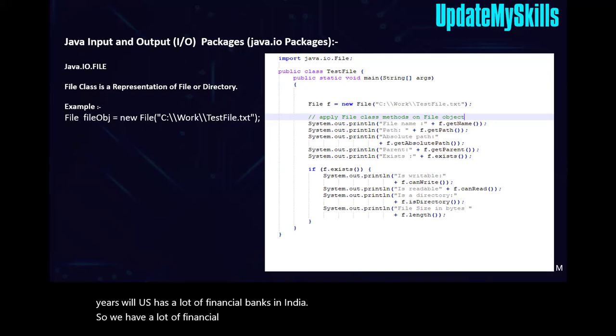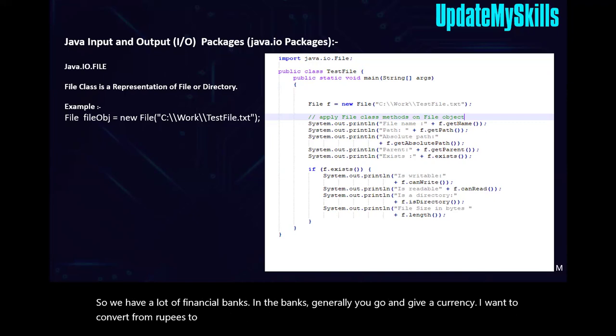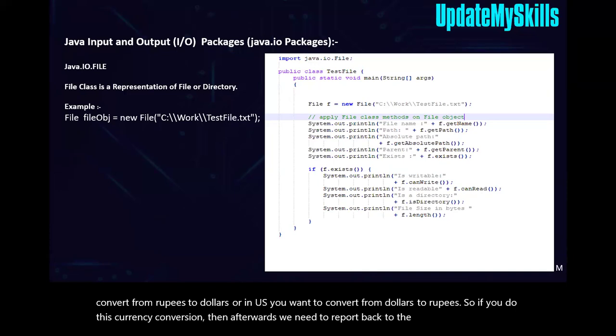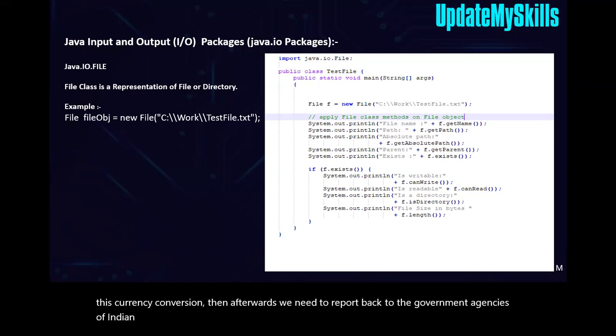In the banks, generally, you go and give a currency. I want to convert from rupees to dollars, or in the US, you want to convert from dollars to rupees. If we do this currency conversion, then afterwards we need to report back to the government agencies of the Indian government as well as the US government, saying how much currency we have traded as a whole country.